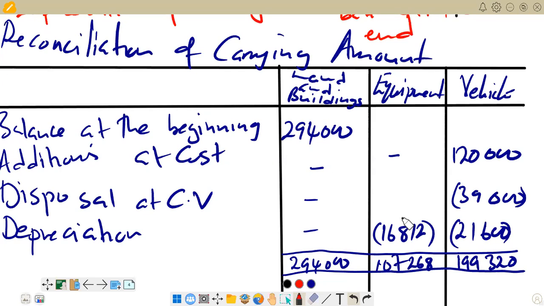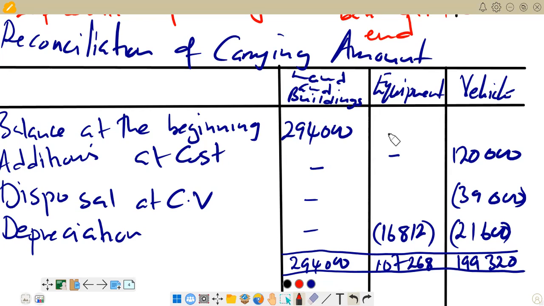So this is exactly what we are going to do so that we find these figures for balance at the beginning for equipment and vehicle. We are just going to make the balance at the beginning the subject of the formula. So it becomes balance at the end, you add depreciation for the year, you add disposal at carrying value, then you subtract additions at cost, then you find your carrying value here.